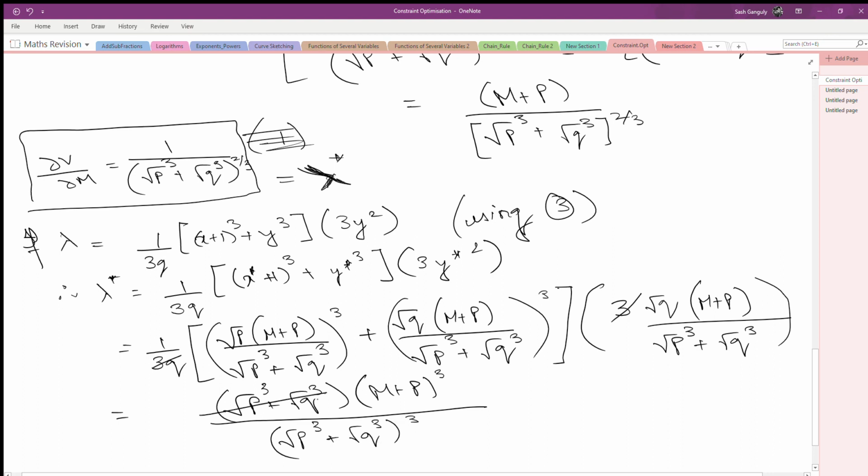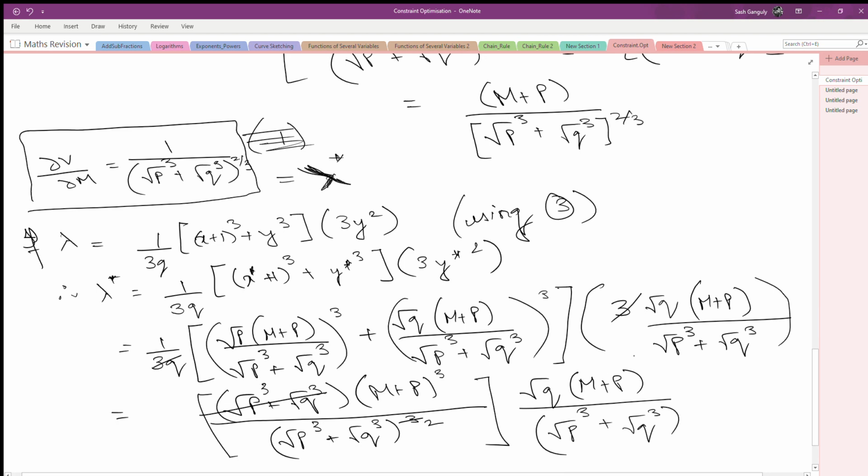And this term will cancel this 3 out to 2, and to this I will have root q m plus p upon root p cube plus root q cube.